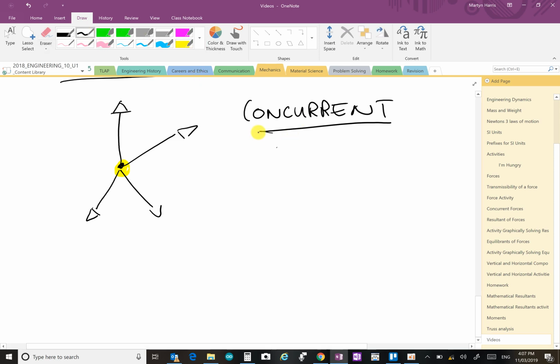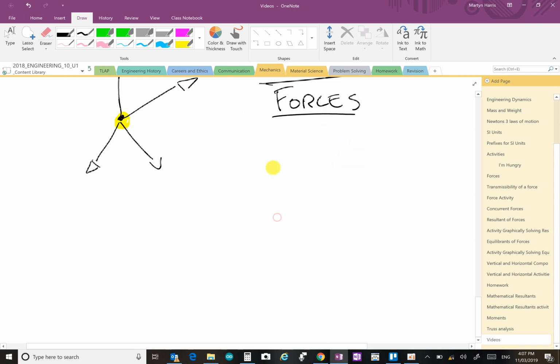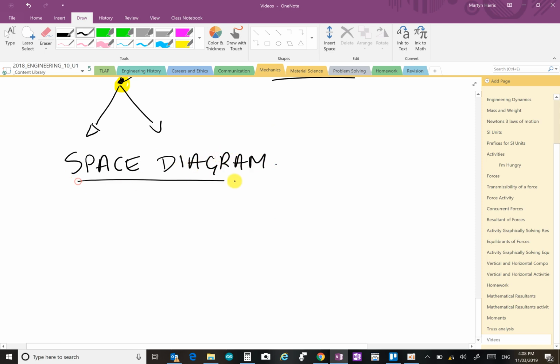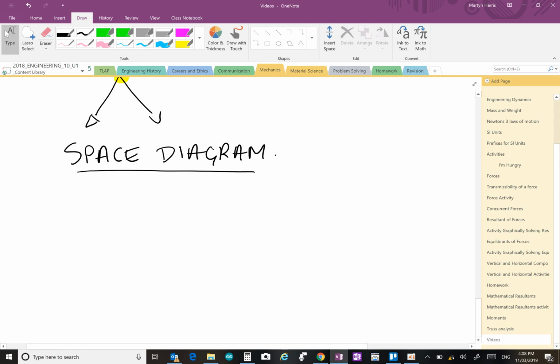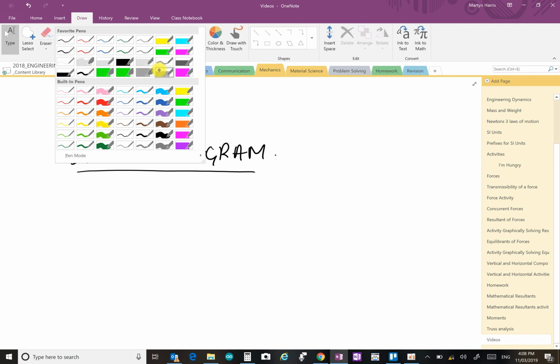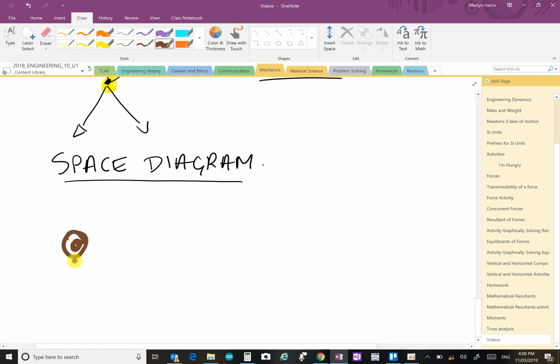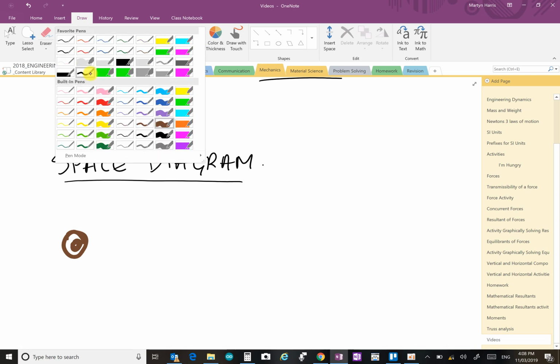I can actually spell forces. Okay, so let's do another space diagram. Okay, space diagram. And in this problem with this space diagram, I've got a couple of guys in tractors, and here's my tree stump, and they're going to be trying to pull out this tree stump.